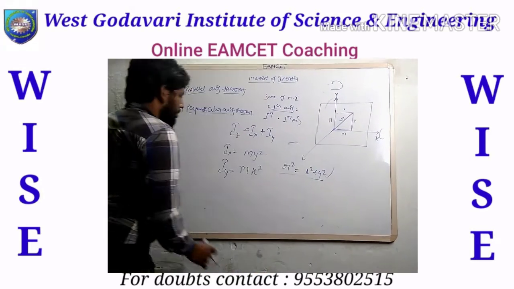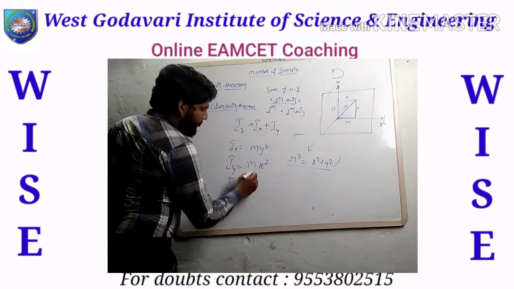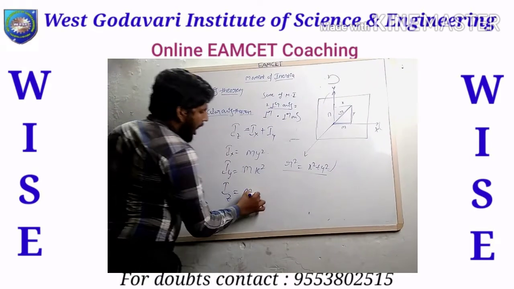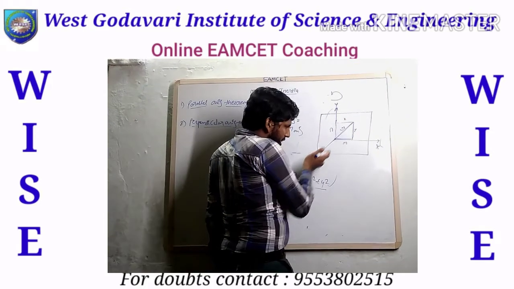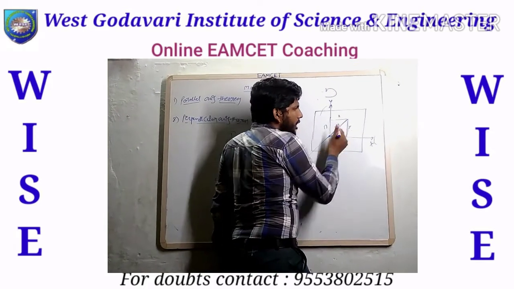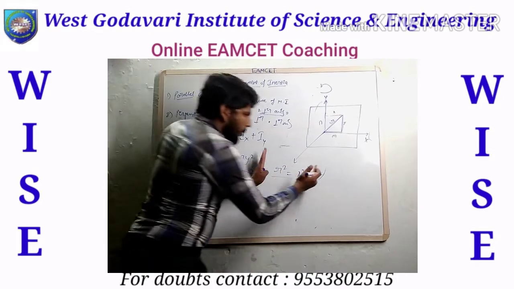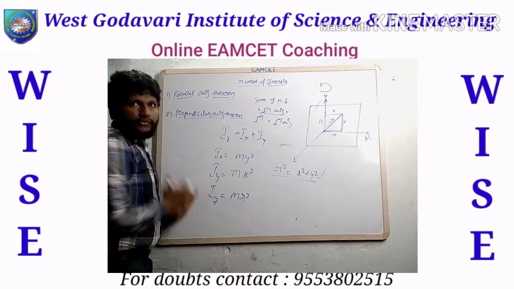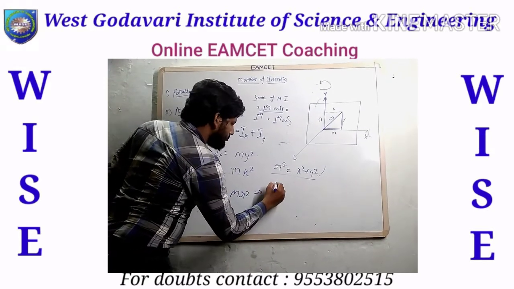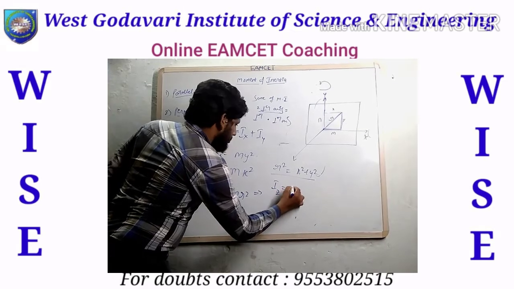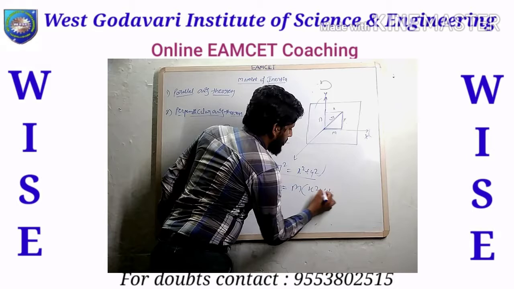Of course, Iz equal to m into r square. How can we find out? If it is x, if it is y, the perpendicular axis is going to the point of contact, r is the distance here. So I will choose r square. Now substitute this equation in the same place. We will find that Iz equal to mass into r square, that means x square plus y square.